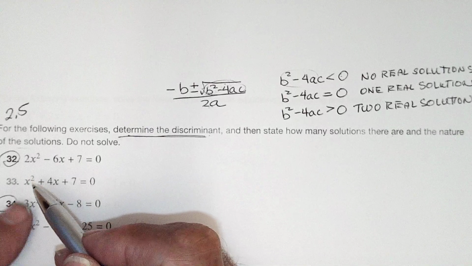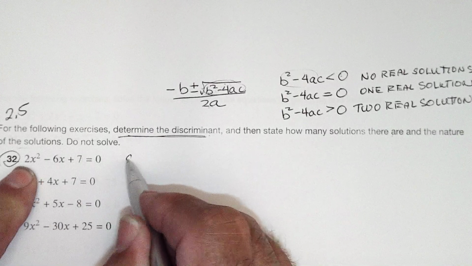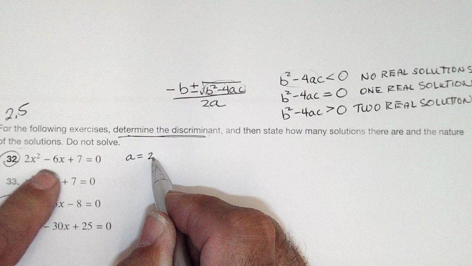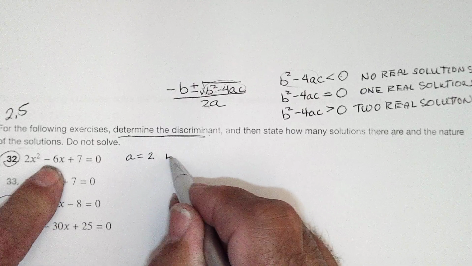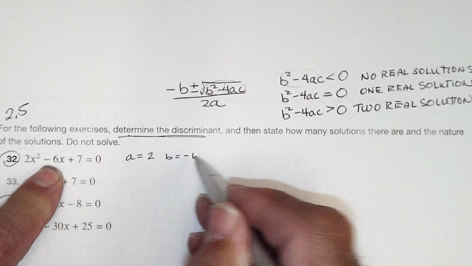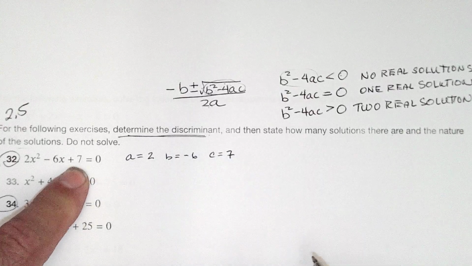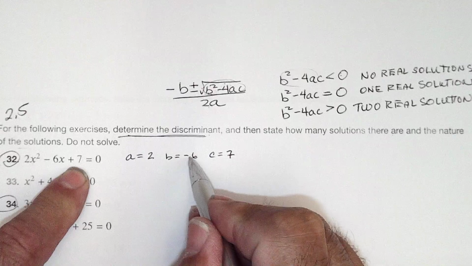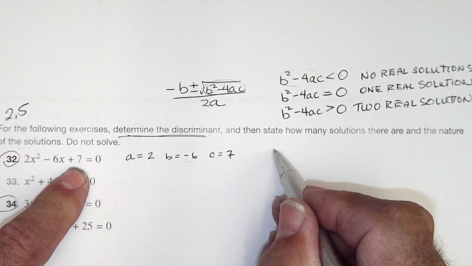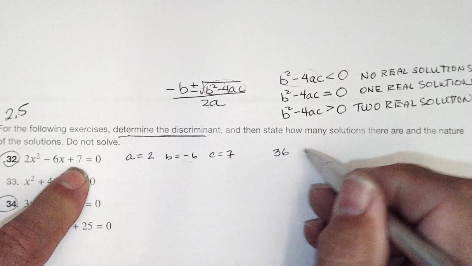So on 32, a equals 2, b is minus 6, and c is 7. So if I square b, that's going to be 36.